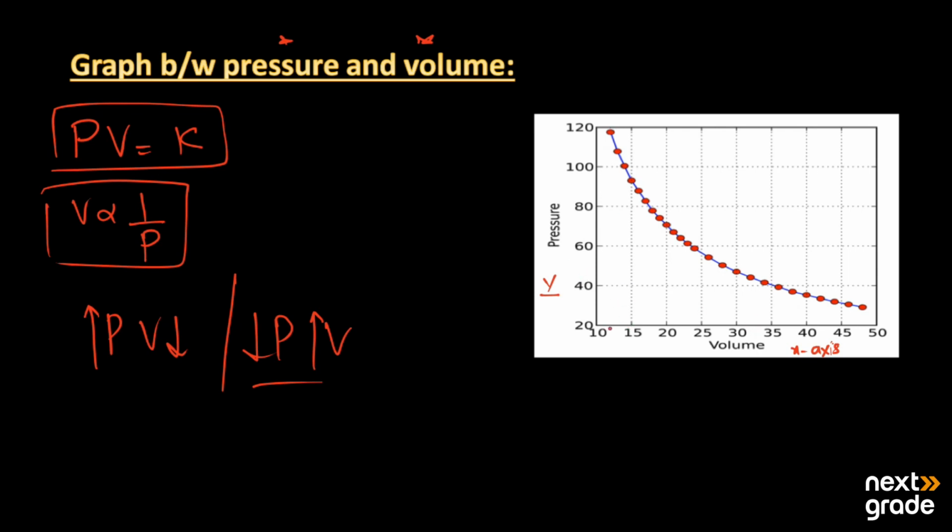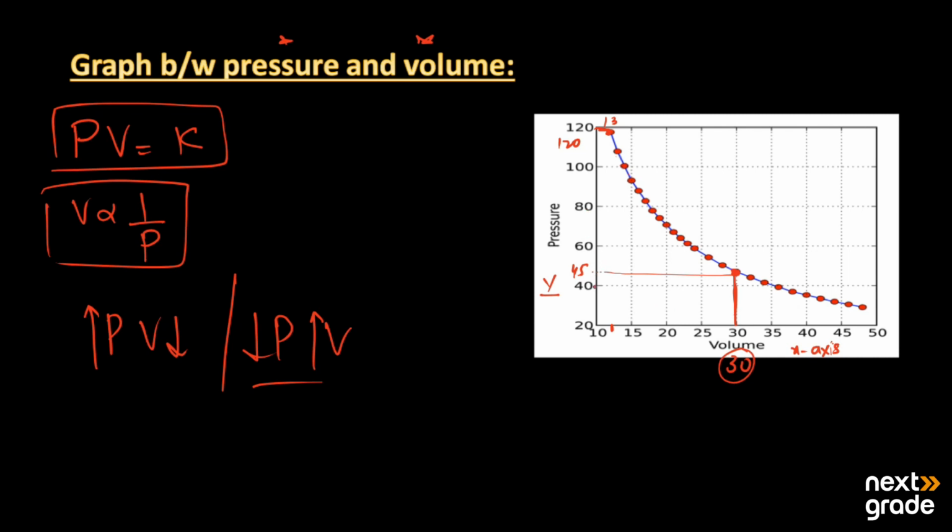Here we can see that the volume of the gas is almost 13, and the pressure over there is 120. On the other hand, as the pressure goes down, at this point you can see that the pressure is almost 45, and the volume is 30.